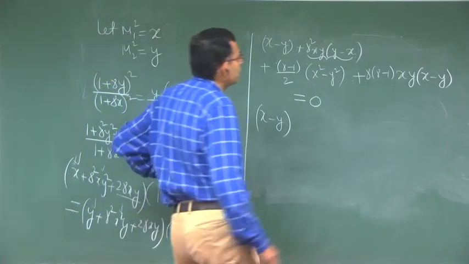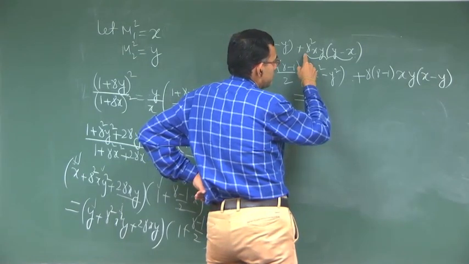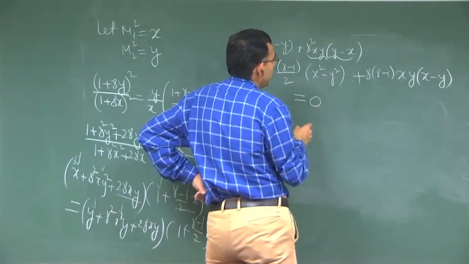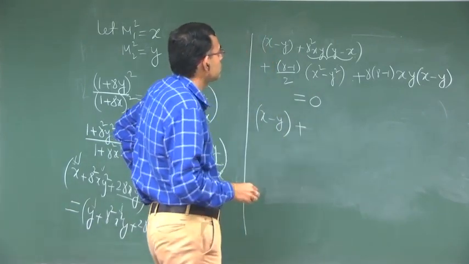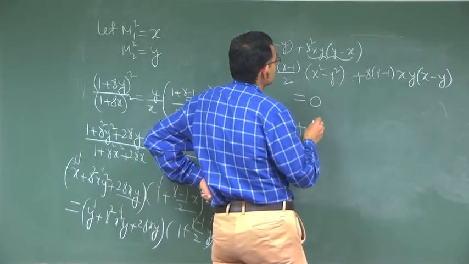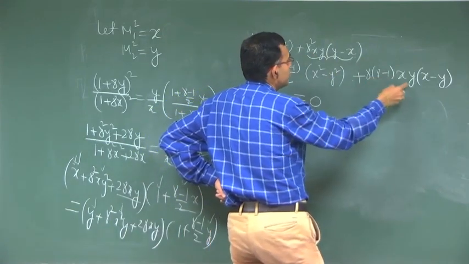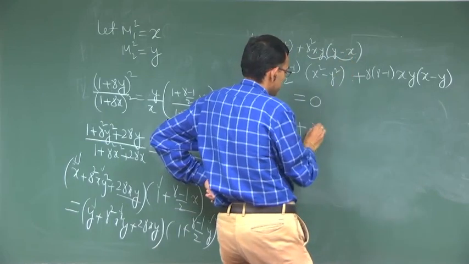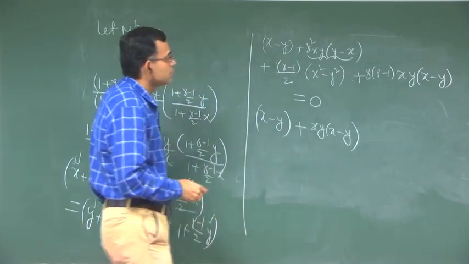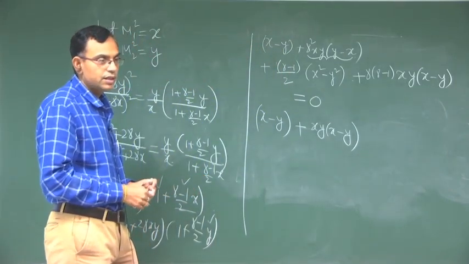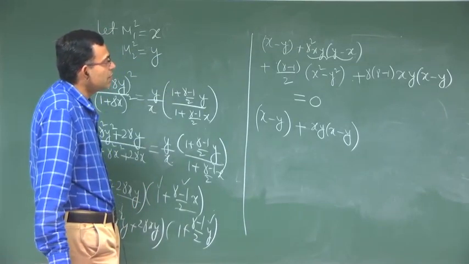So x minus y plus then x y into (x minus y). Yes, that I will take eventually, but for these two terms even x y into (x minus y) is common. Ideally they should have cancelled, at least looking at the symmetry of the terms, but anyway let us see.